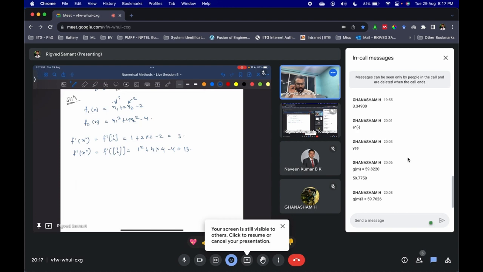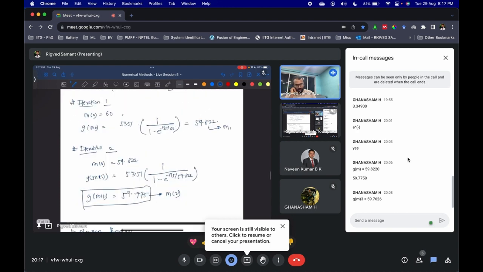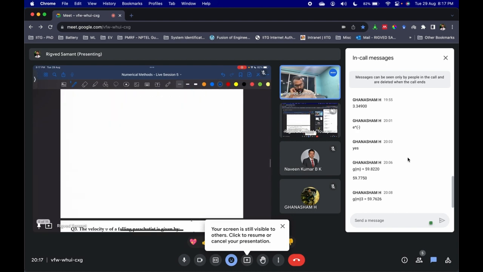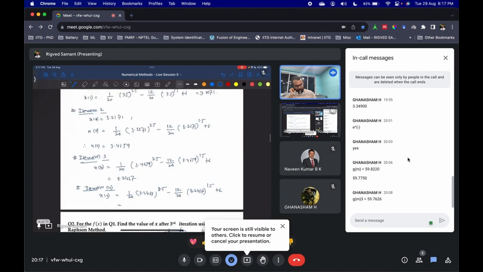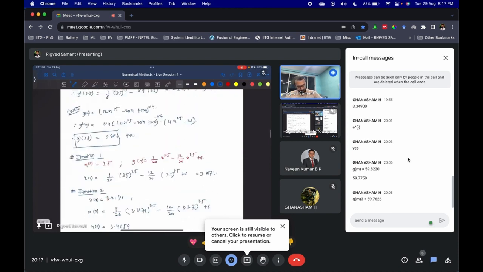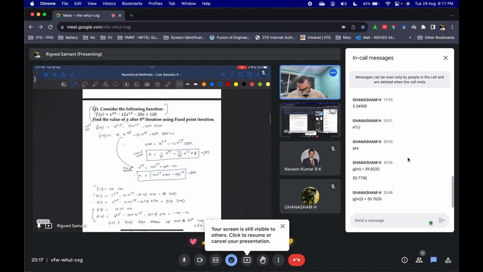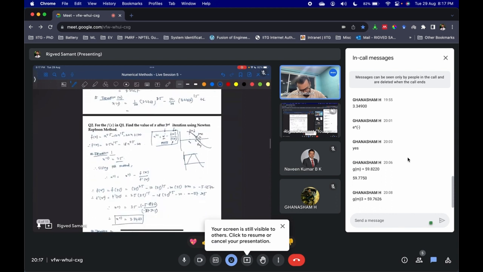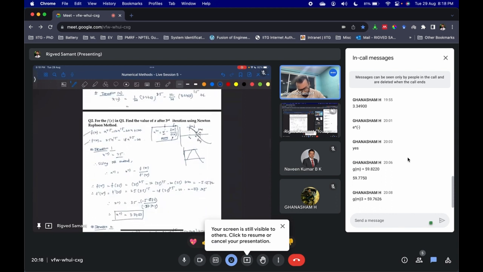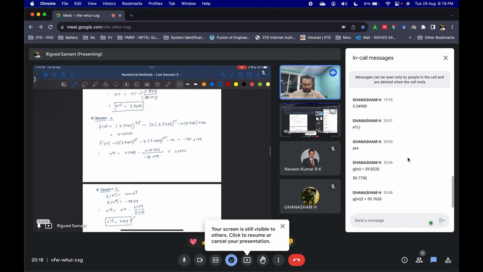So this is equivalent to the function value that you got in Newton-Raphson. In Newton-Raphson you calculated the function value first. Second, you have to calculate the derivative.